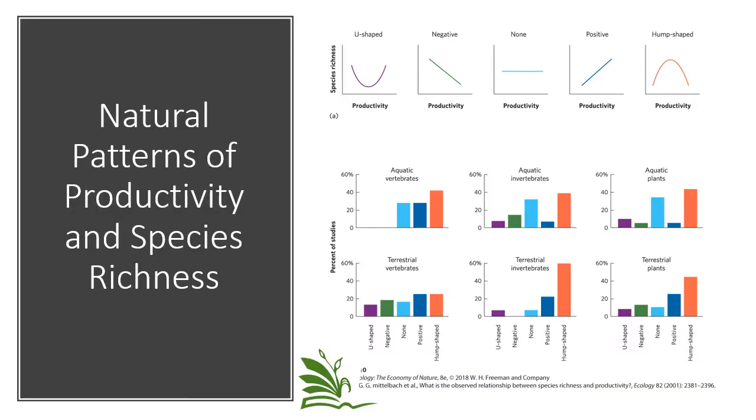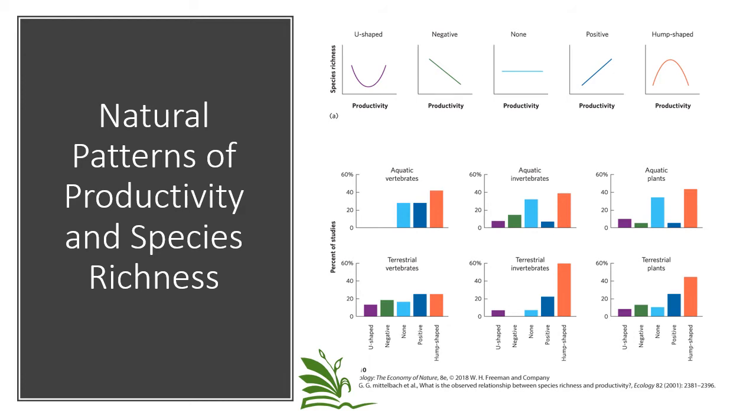Now, what's interesting is that species richness is often not random in its patterns, but rather species richness often varies with the amount of primary productivity or growth that occurs within a community.